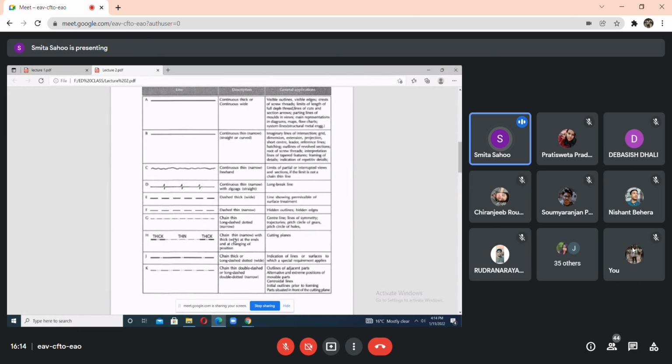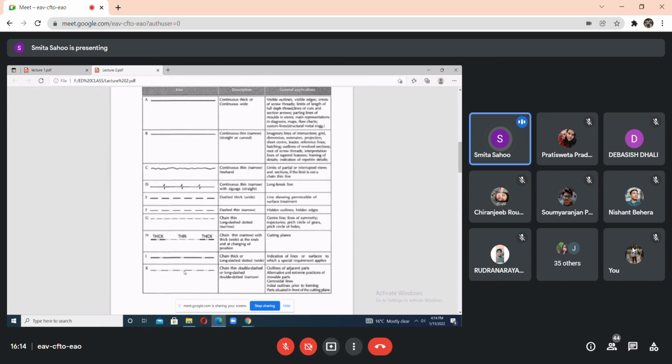Then you have a chain thin and thick, and you can see alternate patterns: somewhat thick, then thin, and it goes on in an alternate manner. Next we have the chain thick, that is long dash dotted, and then the double dotted. You can see there are two dots.